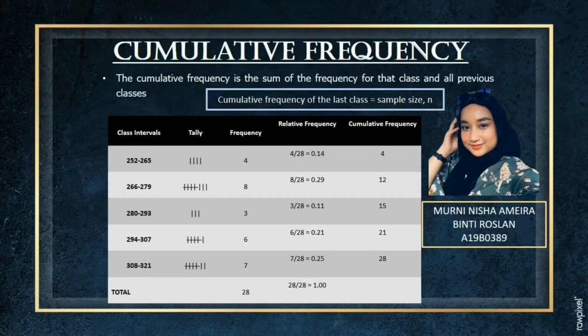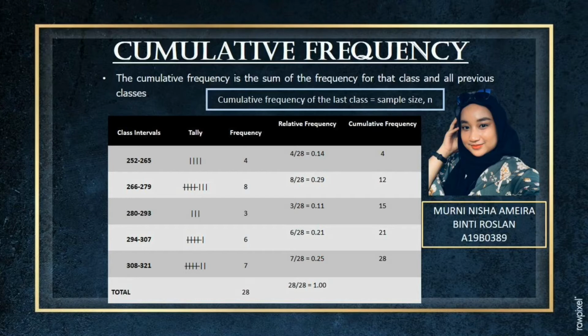The cumulative frequency table includes class intervals, tally, frequency, relative frequency, and cumulative frequency. To find the cumulative frequency, in class interval 252 until 265, the frequency is 4. Then we just put 4 in the cumulative frequency.